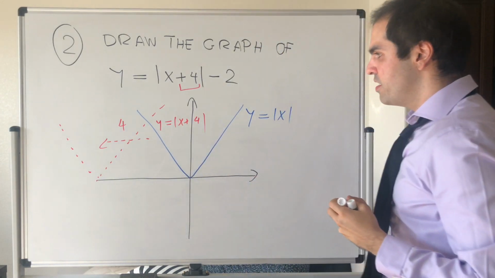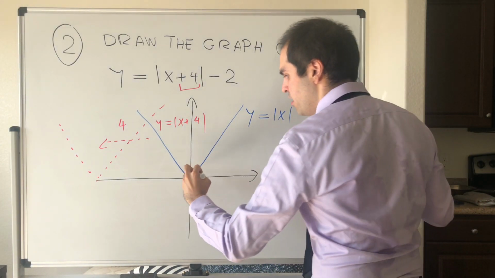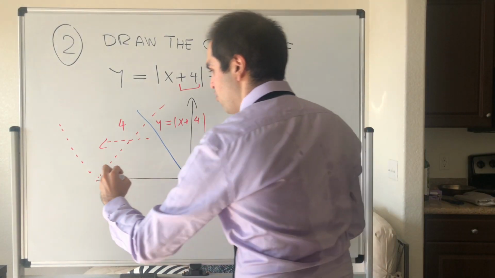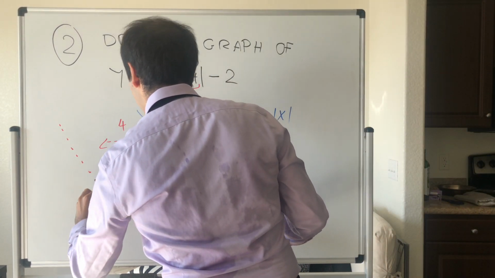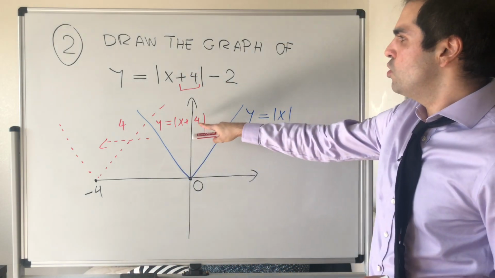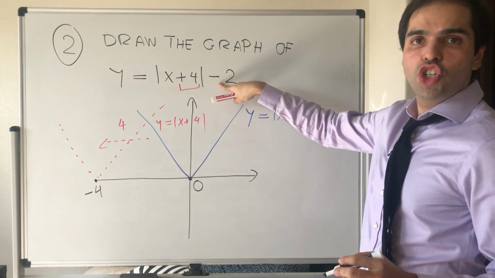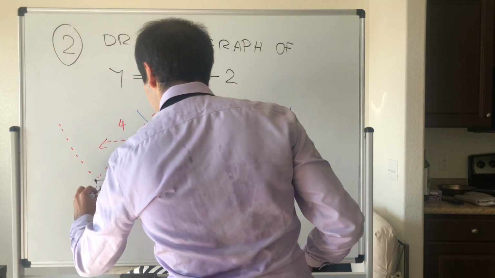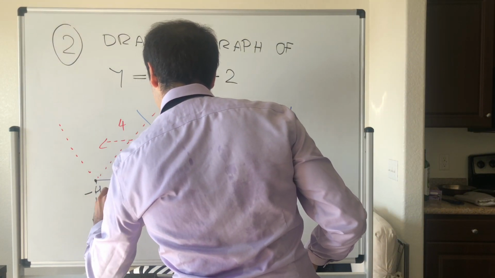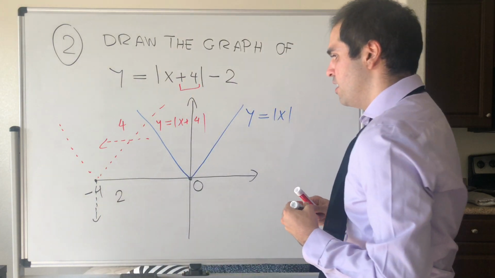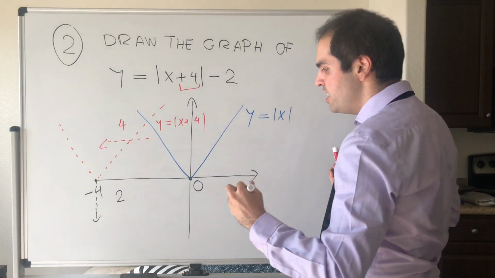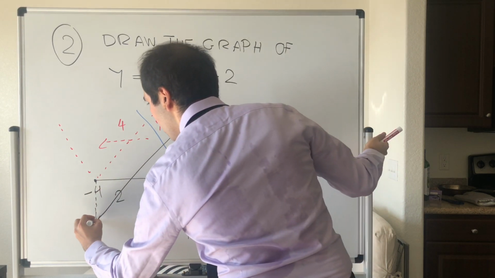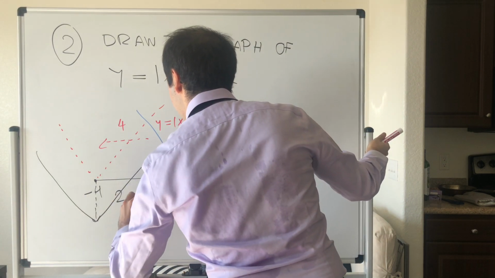So in particular, the 0 of this function becomes minus 4. And then to this graph, you just shift it down by 2 units, just as before. In the end you still get this V shape, but shifted to the left and shifted down.